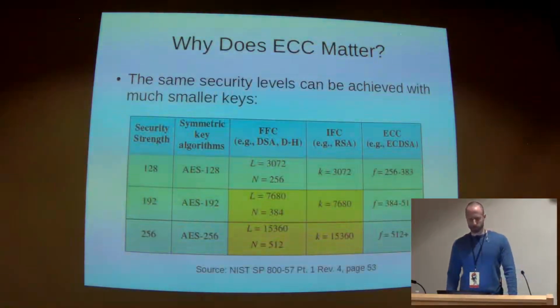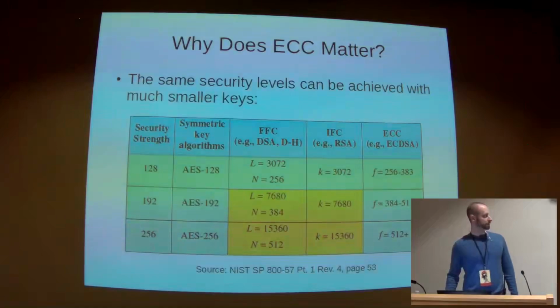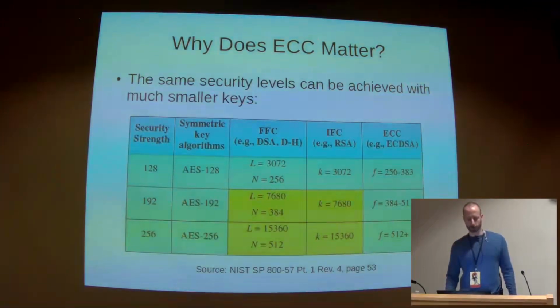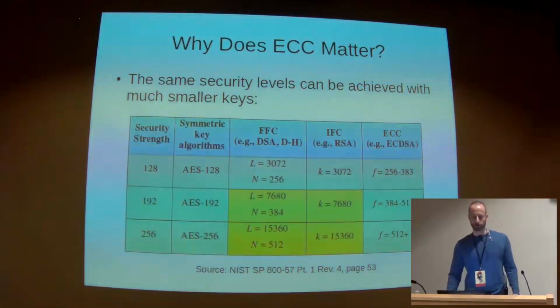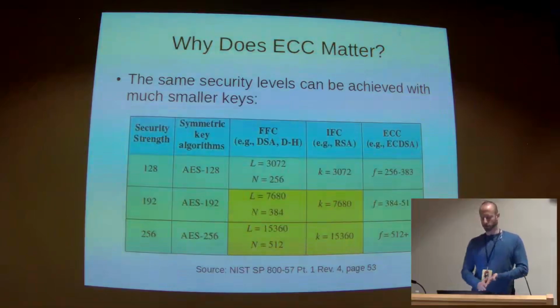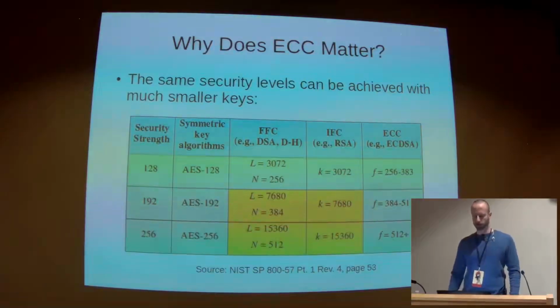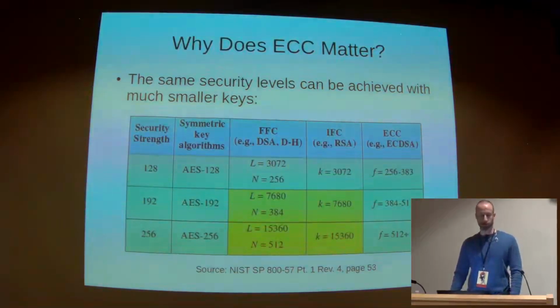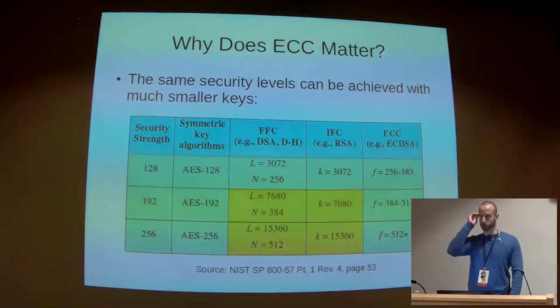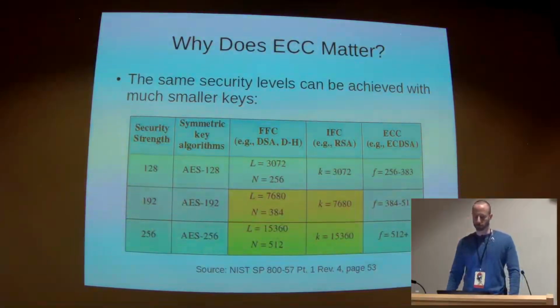So your next question is probably going to be, why does ECC matter? Well, this chart really drives the point home. On the left side, you've got security strength, say 128-bit security strength. In the traditional crypto world, for DSA and RSA, you would need a key size of 3072 bits to achieve that security level.